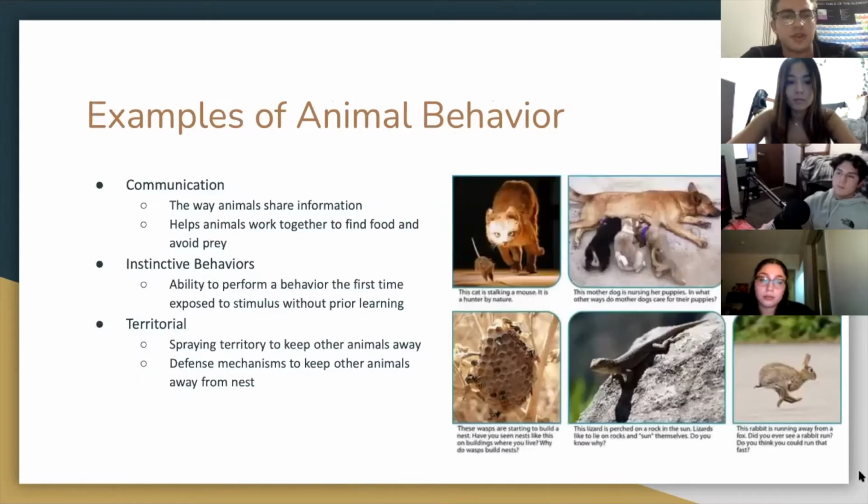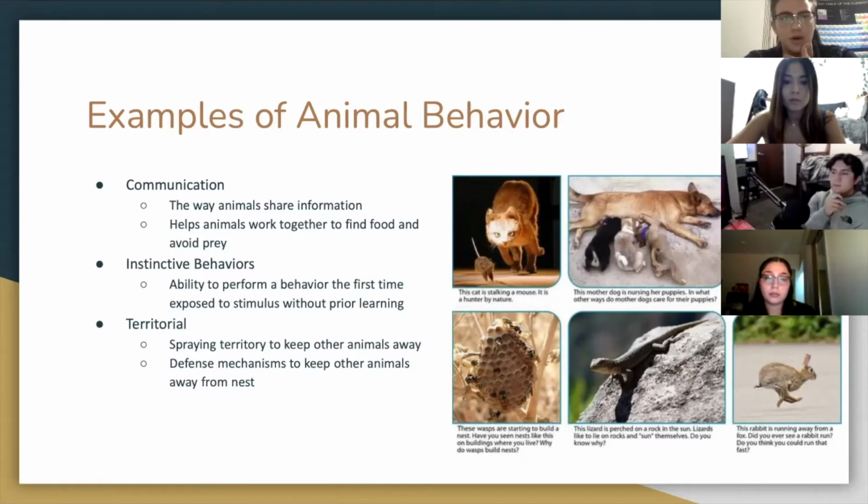So some more specific examples of animal behavior are communication, which is how animals share information with each other, and then they can work together to find food and avoid predators. Instinct behaviors are just basic behaviors that are given without prior knowledge or learning.